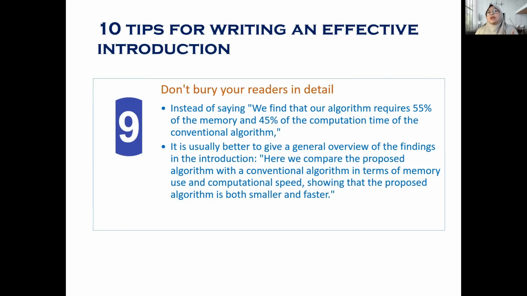So to avoid writing long paragraphs or many sentences to describe a simple thing, you just make a summary. It's usually better to give a general overview of the findings in the introduction. So here we compare the proposed algorithm with a conventional algorithm in terms of memory use and computational speed, showing that the proposed algorithm is both smaller and faster. That's very straightforward, easy to understand.